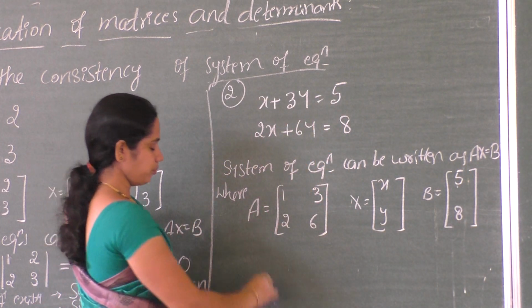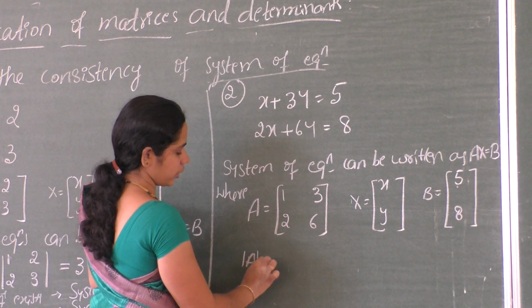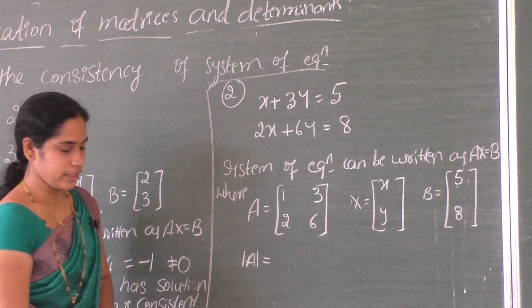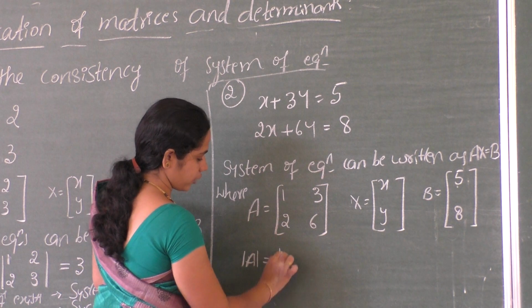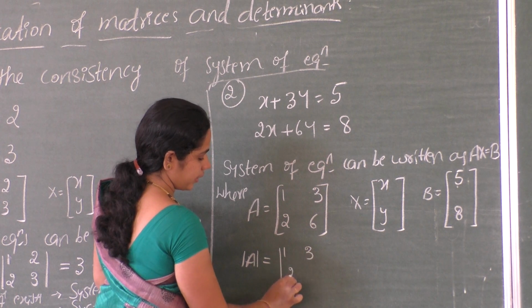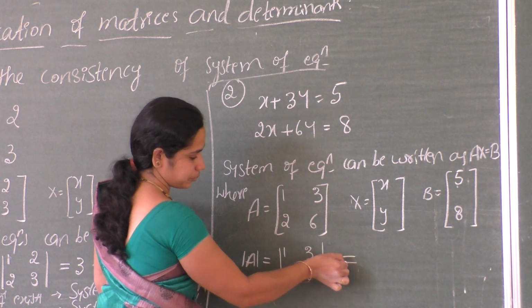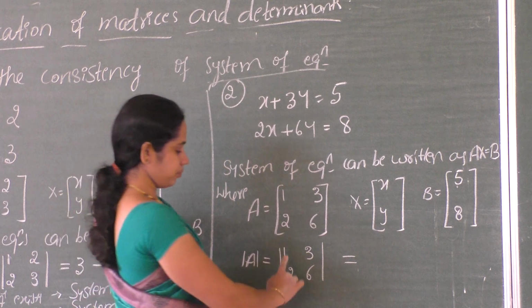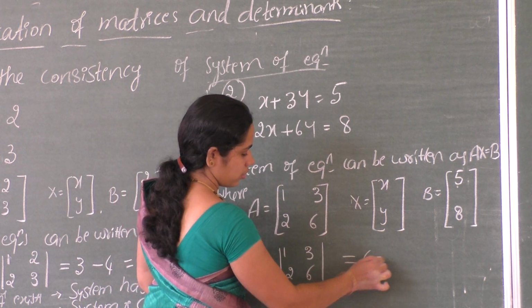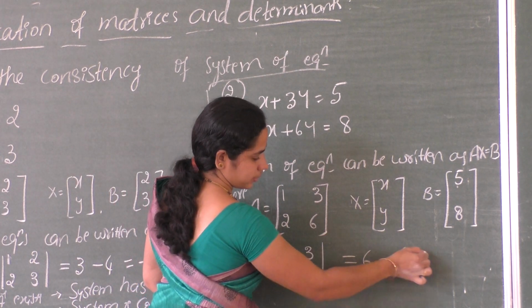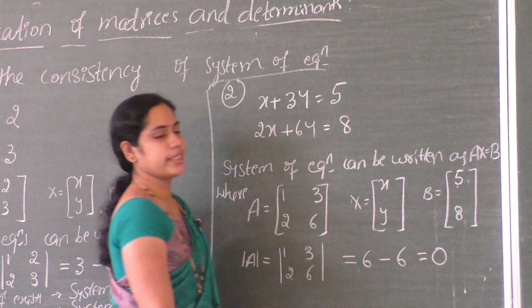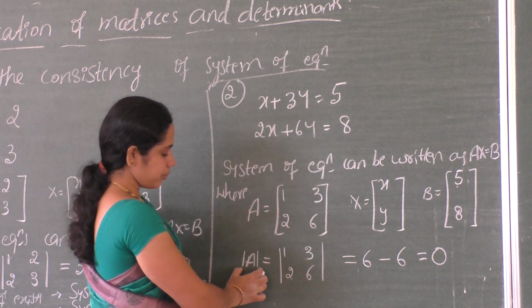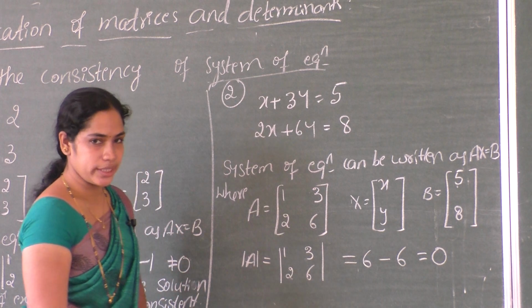Okay. Now we need to find the determinant of A. Determinant of A equal to 1, 3, 2, 6. This is equal to 6 minus 6 equal to 0. See, determinant of A is 0 here.